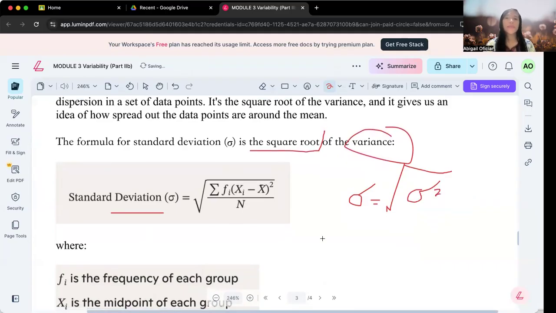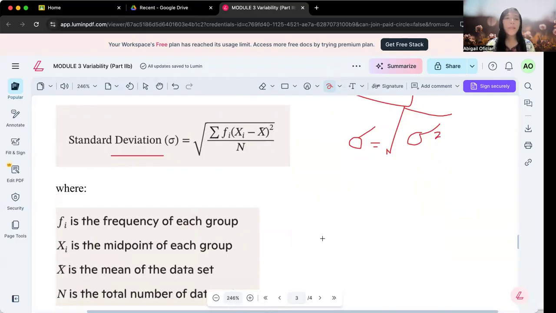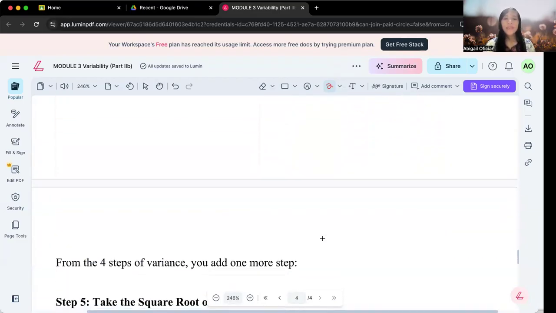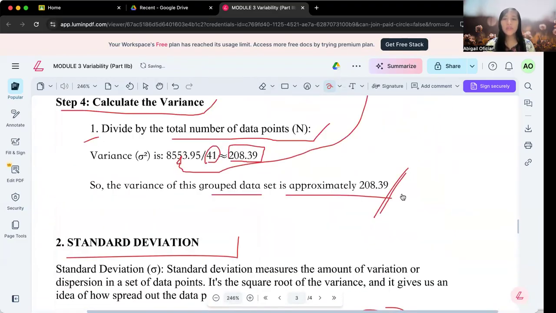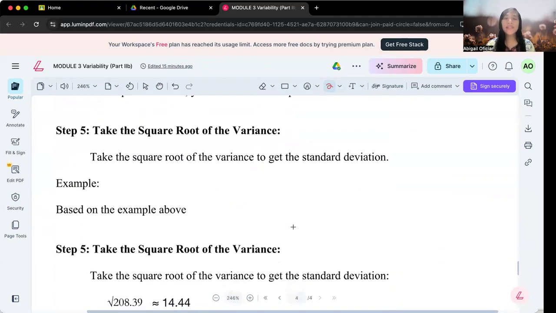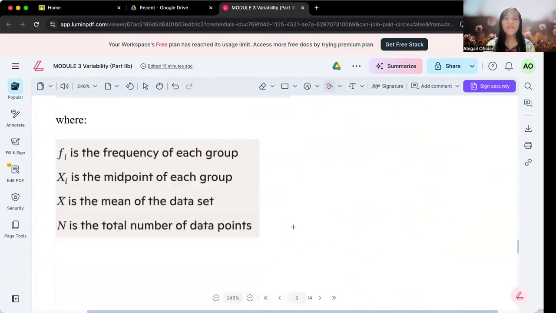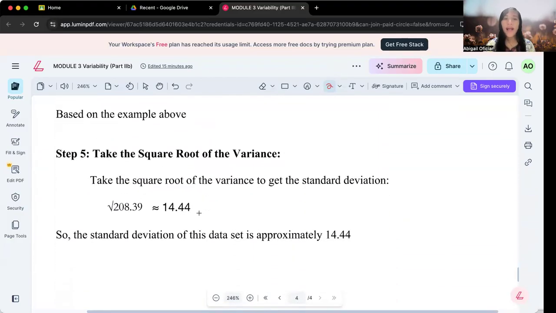That's how simple it is. Now, we have here 208.39. The next step is to get the standard deviation. To get that, we will take the square root of the value 208.39.